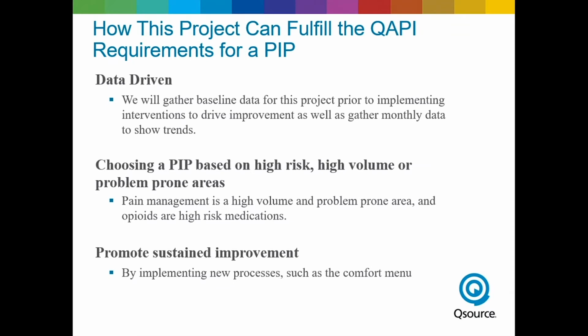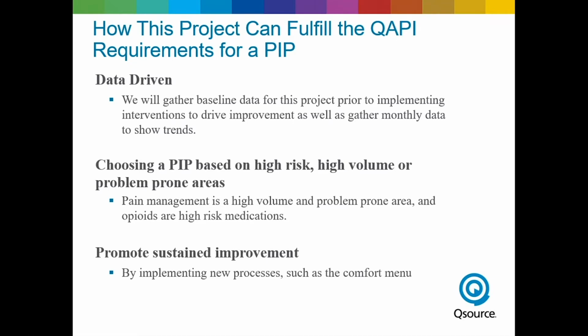All right, so how can this project fulfill the QAPI requirements for a performance improvement project, or PIP? The requirements are, one, that it be data driven. They don't want you to just choose a project of your liking. They want it to be driven by data. And so for this project, we will gather baseline data, and it will tell us sort of where to go with the project moving forward.